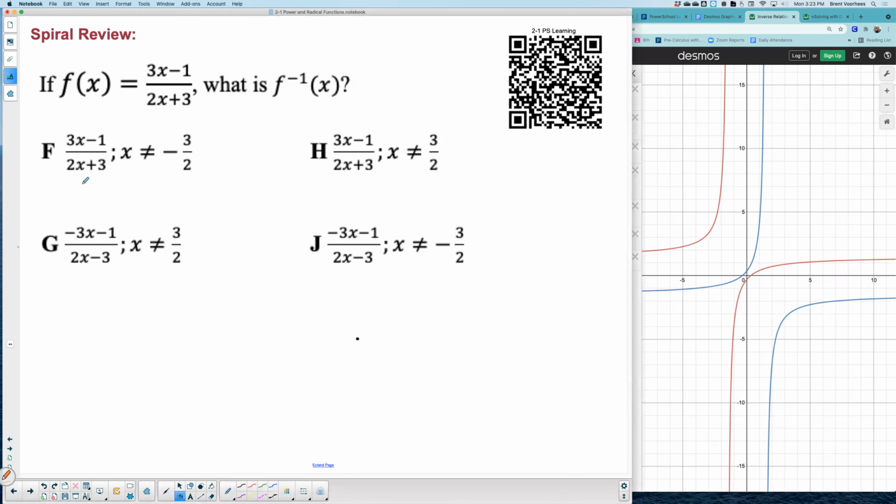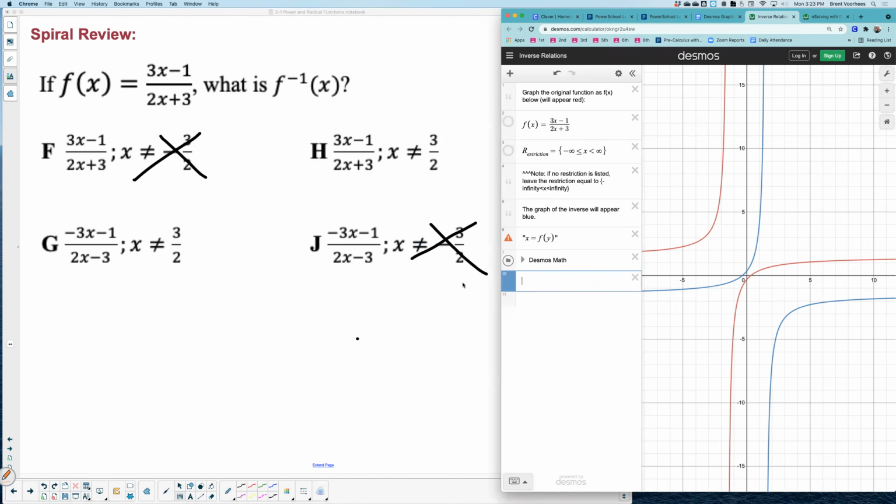So when I look at my answer choices, I don't even have to type all these in. I can tell that the graph here breaks when x is like 1.5. So I'm going to eliminate a couple of these, two in particular, because that's saying negative 1.5. This breaks at positive 1.5. Now I just need to determine which one of these two equations is accurate. Is the equation 3x minus 1 divided by 2x plus 3?